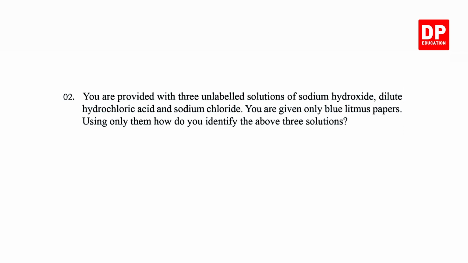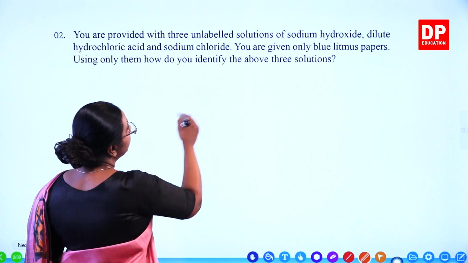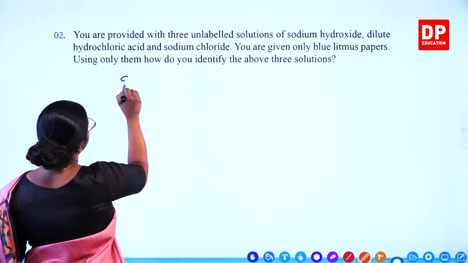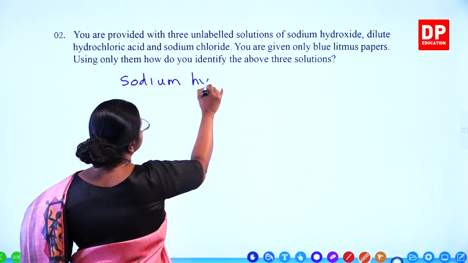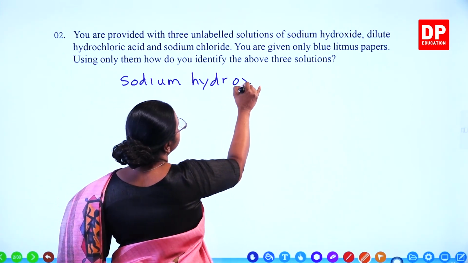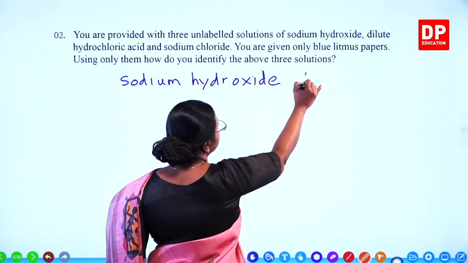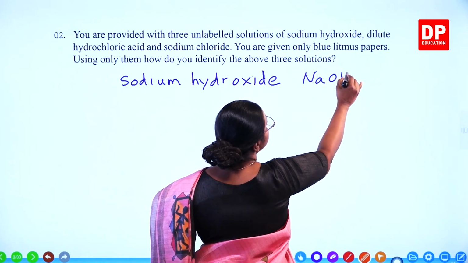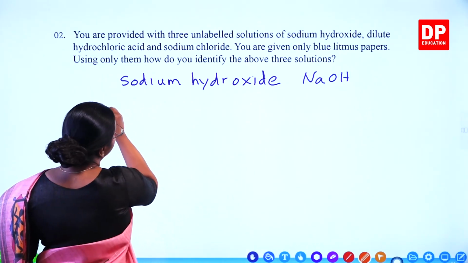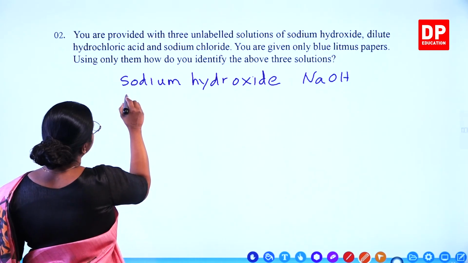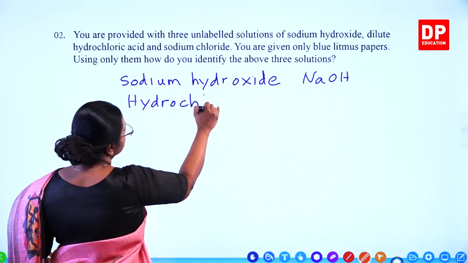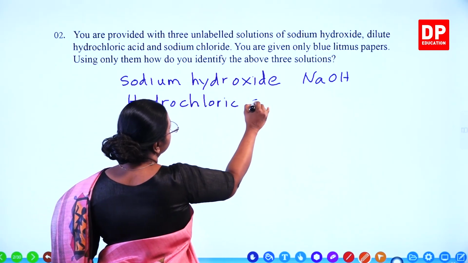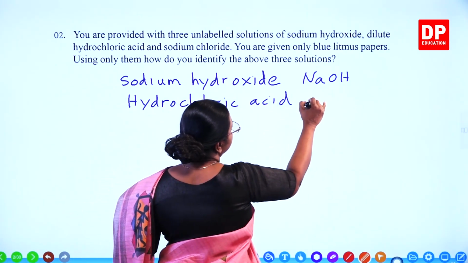You are provided with 3 unlabeled solutions. So what are the solutions? Sodium hydroxide, you know it is NaOH, then dilute hydrochloric acid, HCl.